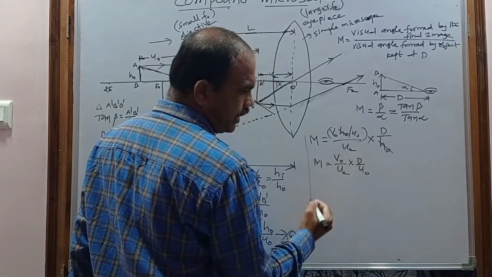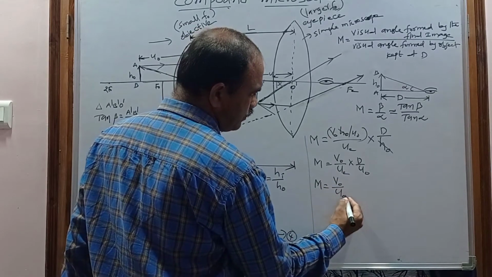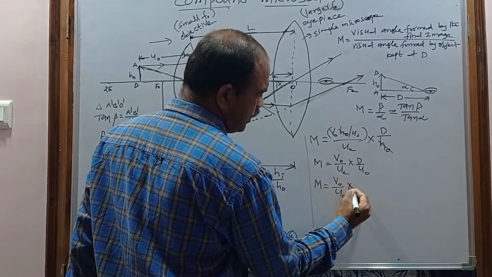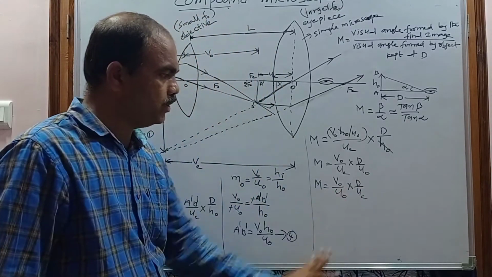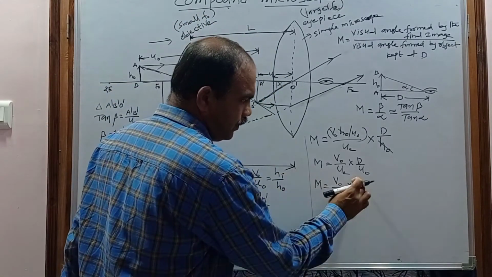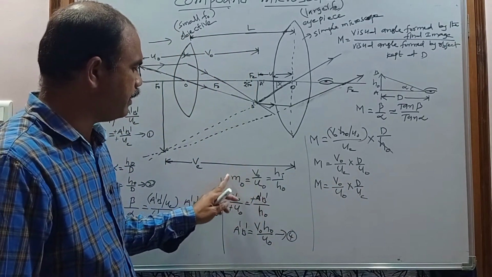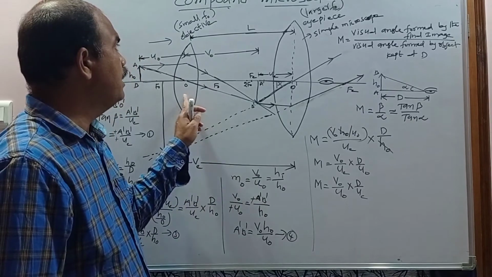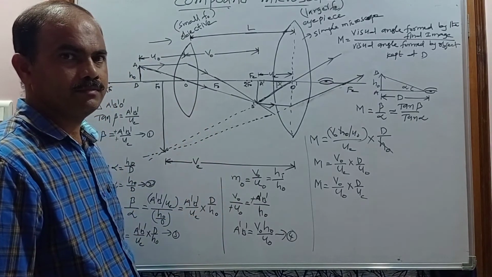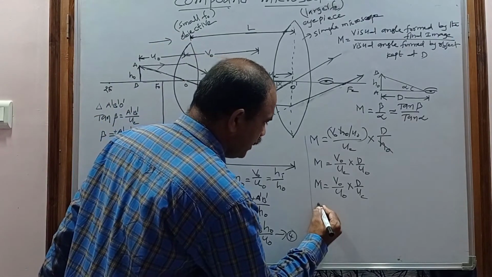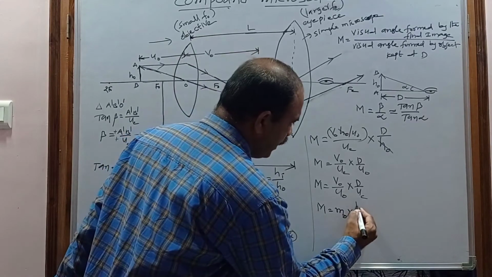If I rearrange this equation, M equal to V naught by U naught into D by U suffix E. It contains two terms. V naught by U naught is nothing but the magnifying power or magnification of the objective. So M is equal to M naught into D by U suffix E.